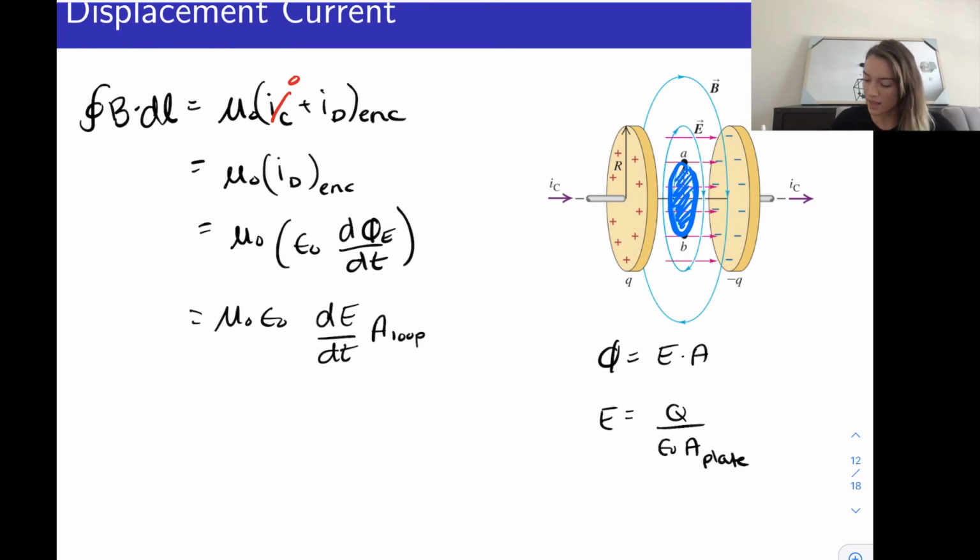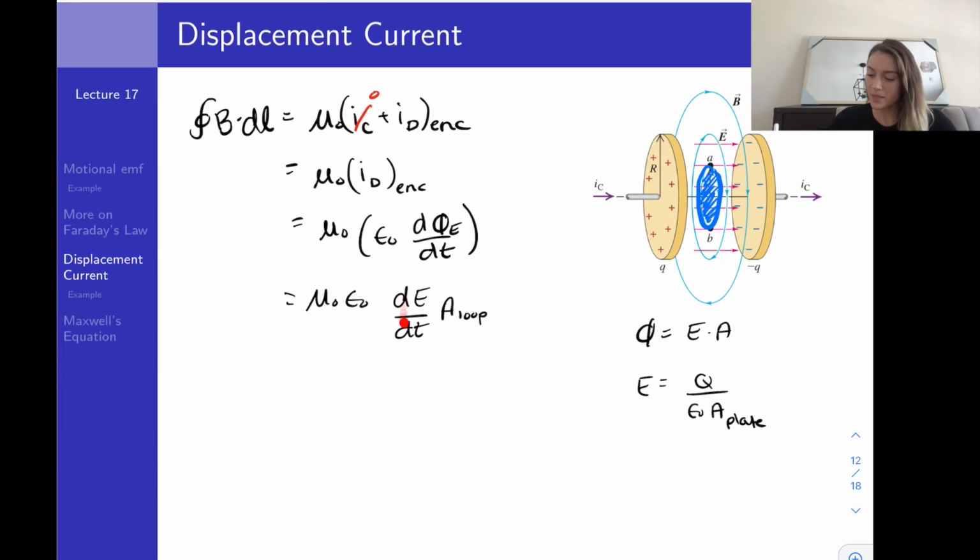So this is the area of the full plate because here we have the surface charge density, so we need to take into account the full charge on the plates divided by the full area of the plates. So we have two different areas here, one from the flux going through the area of our Amperian loop, and then the area of the plates to find the electric field between these two plates.